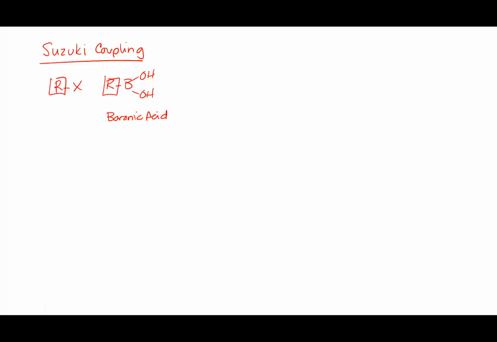So all I need is the catalyst for this, which turns out to be actually pretty simple, palladium, and use palladium and hydroxide. And you're going to couple those two alkyl groups together to make your final product.